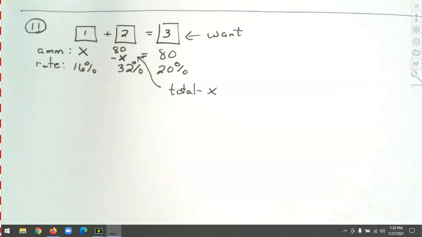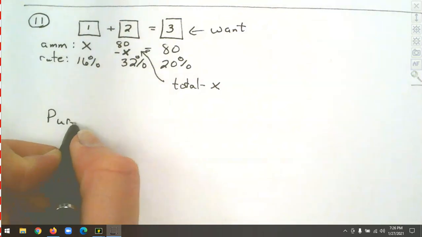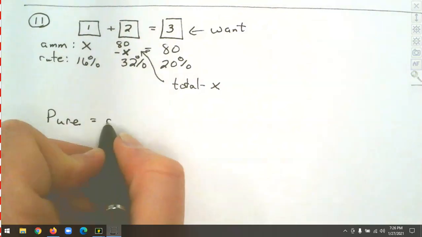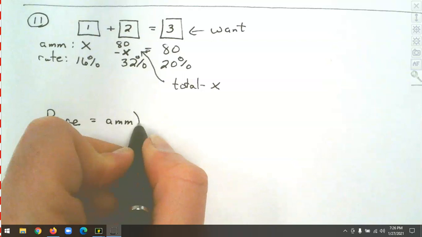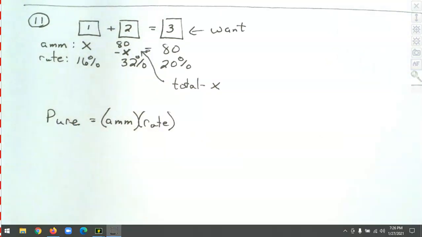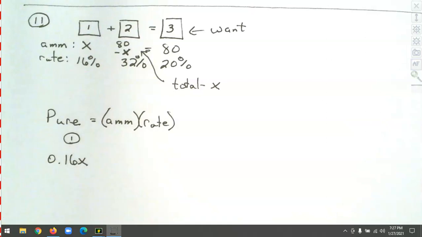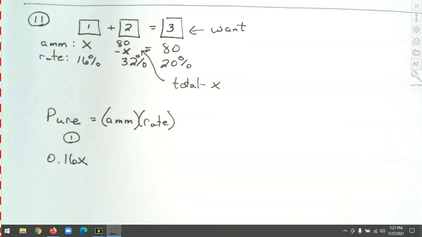Now we can build our equation. Instead of interest, it's the pure. And pure, again, is the amount times the percentage rate as a decimal. So for the first one, we have 0.16x. So there's that piece.